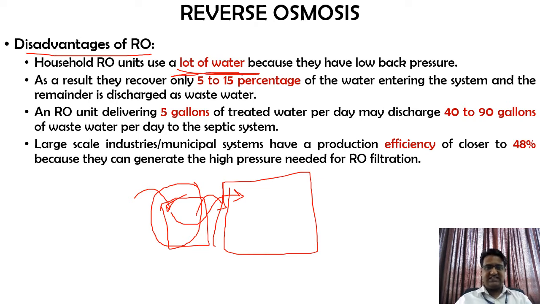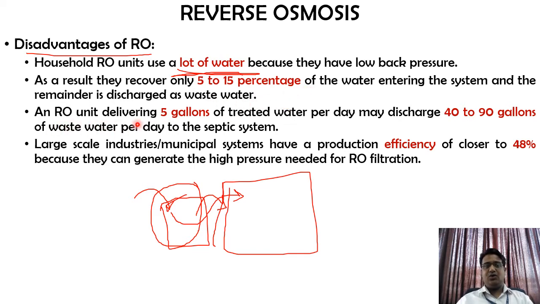As a result, they recover only 5 to 15 percentage of the water entering the system, and the remainder water is wastewater. You can check it out. For every 100 liters of raw water used, only 5 to 15 liters of water will be filtered, whereas the remaining water will be taken out as wastewater.